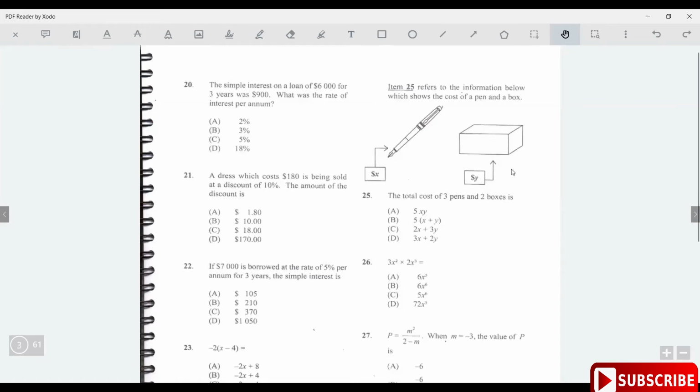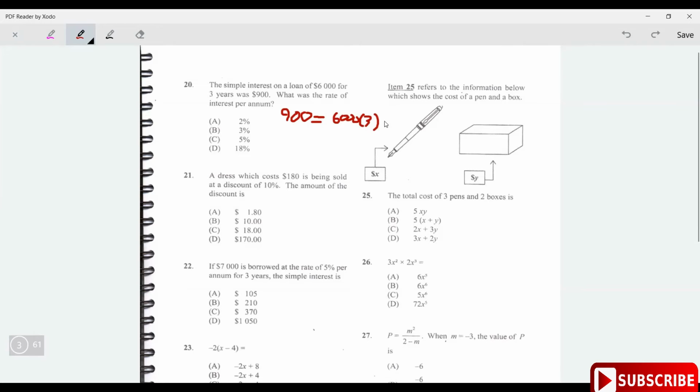Question 20. The simple interest on a loan of $6,000 for 3 years is $900. What was the rate of interest per annum? So we want to find the rate. Now simple interest, 900, is equal to the principal of 6,000 times the rate times the time of 3.